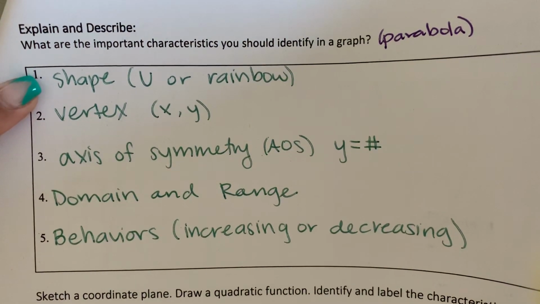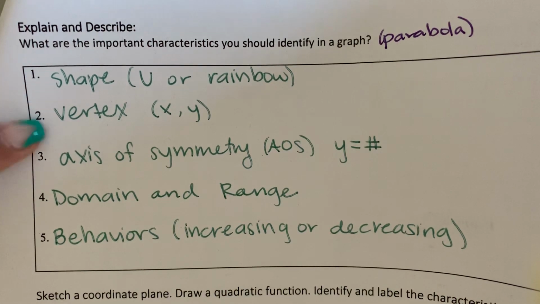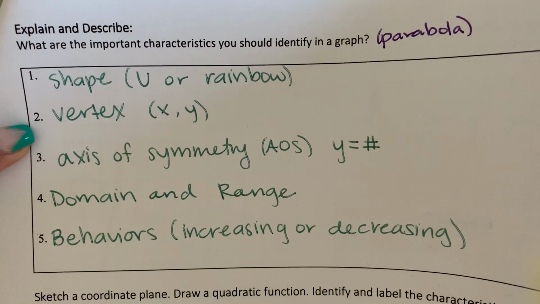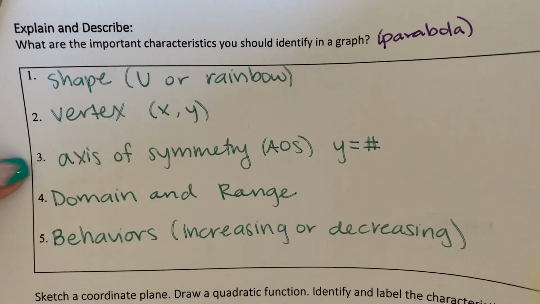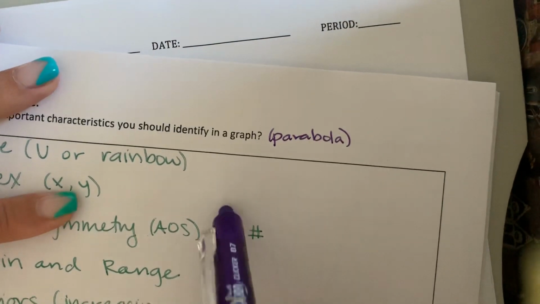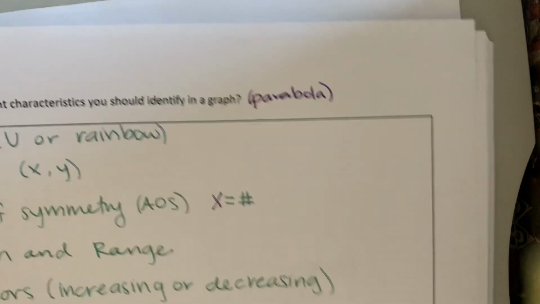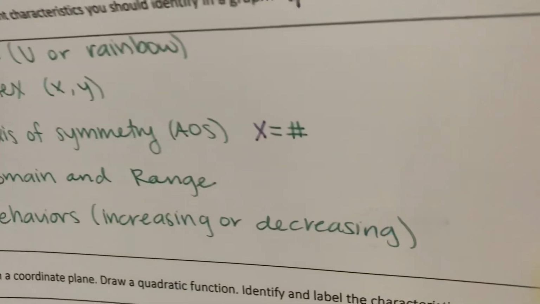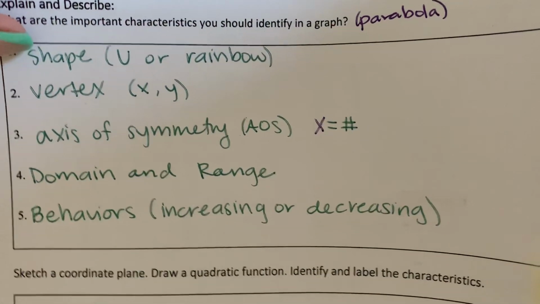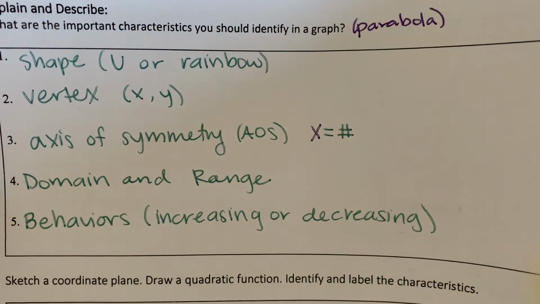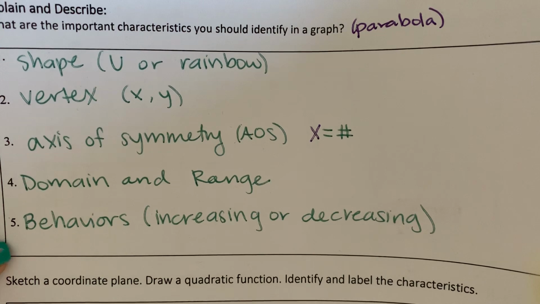Is it U-shaped or rainbow-shaped? So does it open up or does it open down? Tell me the vertex as a point. Tell me the axis of symmetry. Oops, I should say x equals a number, not y equals a number. X equals whatever the x value is that it crosses through. The domain and range, and the behaviors, where it's increasing and where it's decreasing.